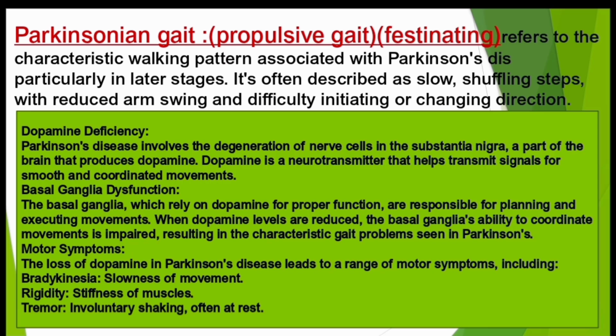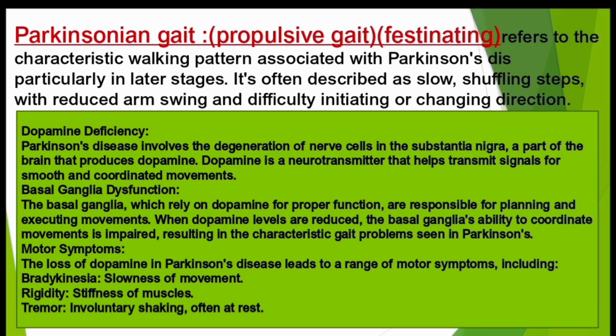Then basal ganglia dysfunction, then motor symptoms. The loss of dopamine in Parkinson disease leads to a range of motor symptoms, including bradykinesia, that is slowness of movement, then rigidity, that is stiffness of the muscle, and tremor. The main symptom is tremor, involuntary shaking, often at rest.